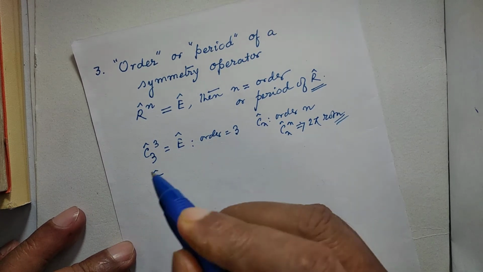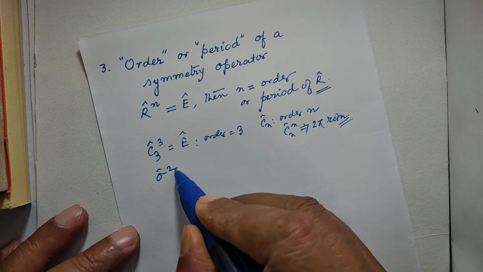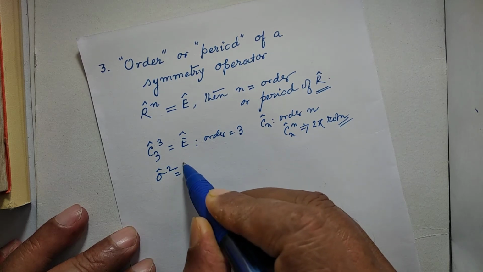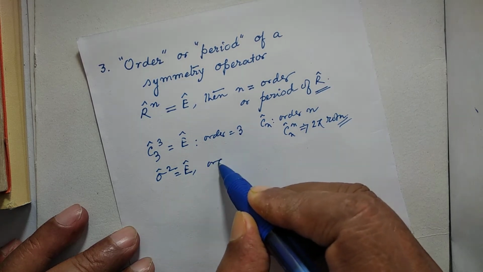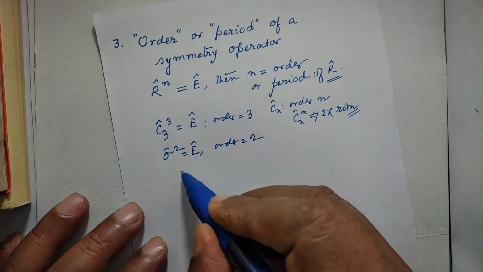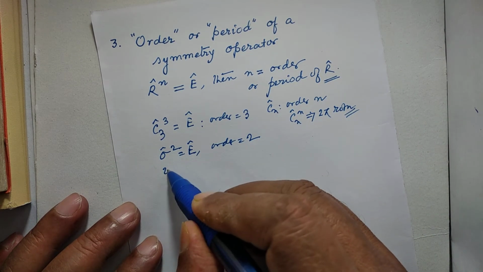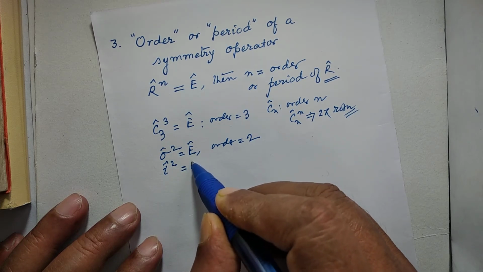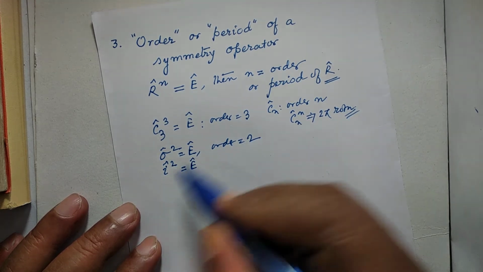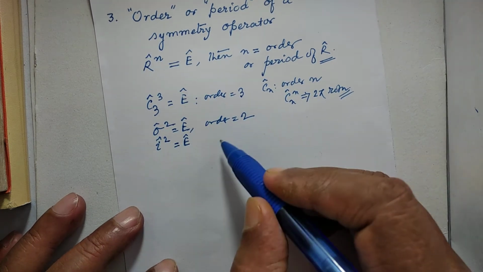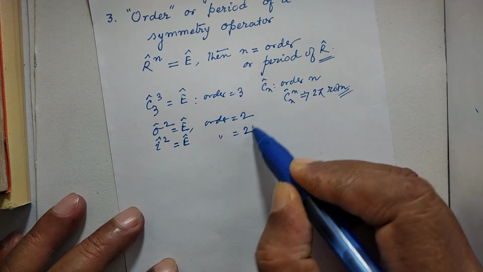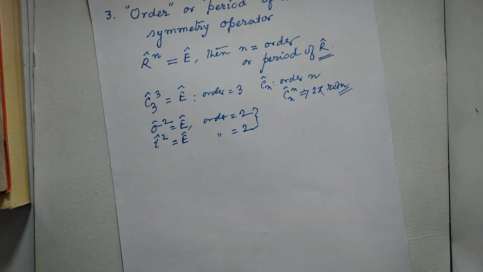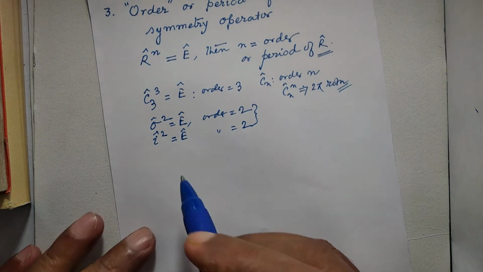A reflection operator carried out 2 times produces E. Therefore, order is equal to 2. An inversion operator carried out 2 times produces identity. So, order is also 2 in this case.